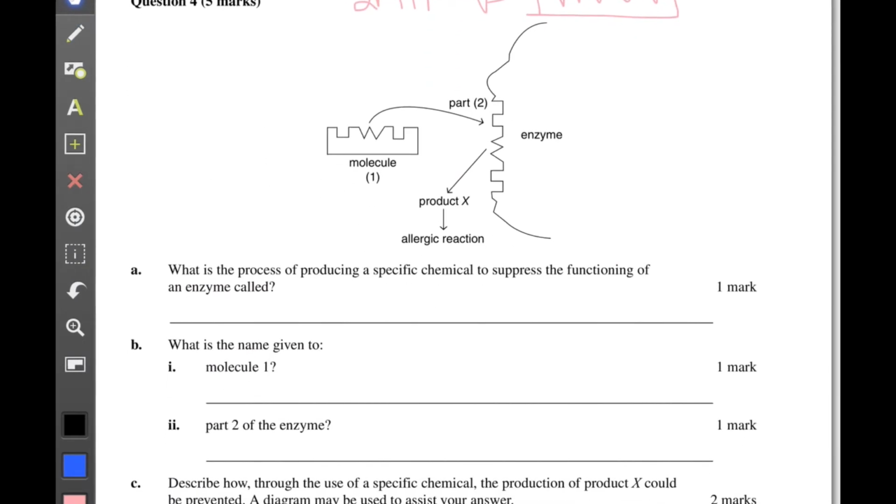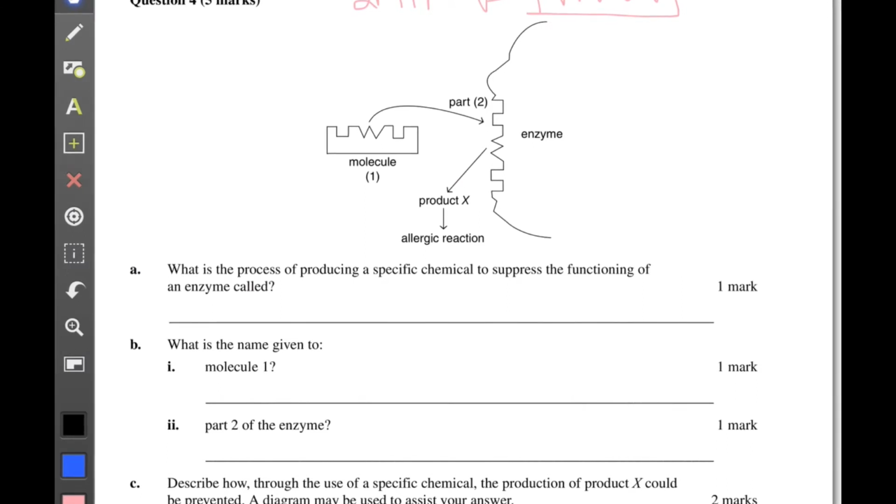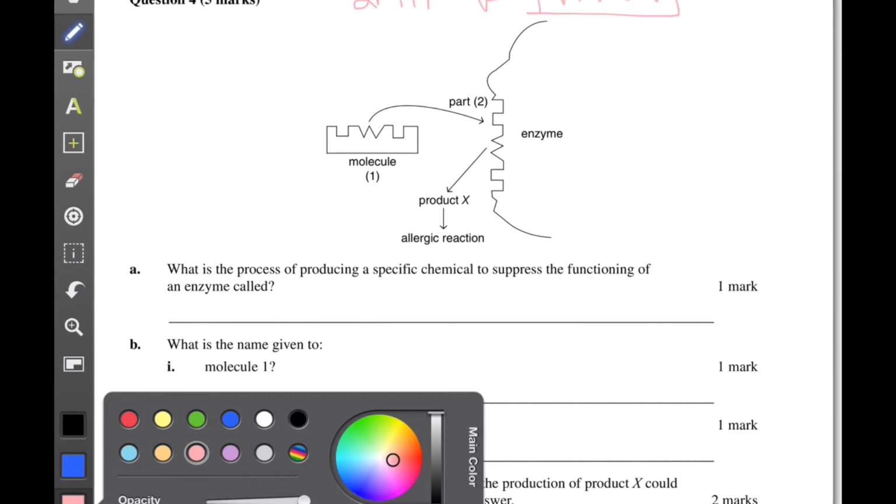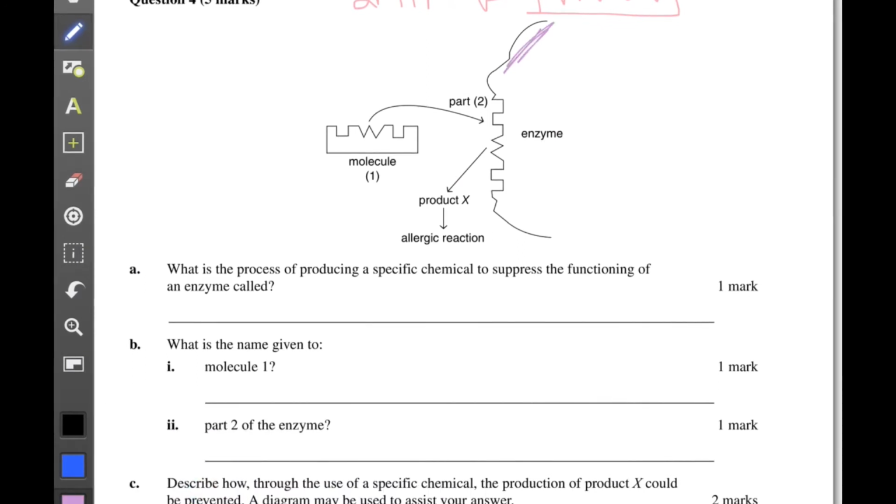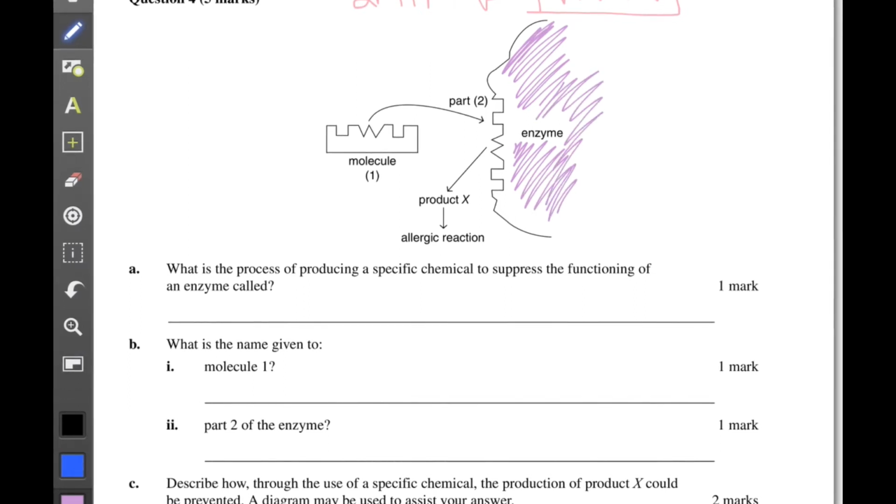So, what is the name of a process, question 4? We have an enzyme over here. I really wish that these were coloured. The enzyme here is in purple. Then we have this molecule I, which you can hopefully see is complementary to the enzyme.